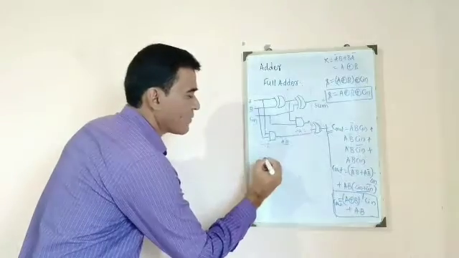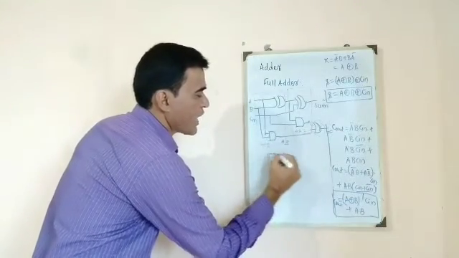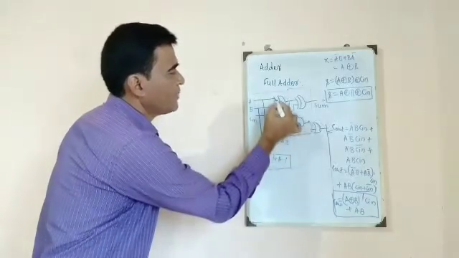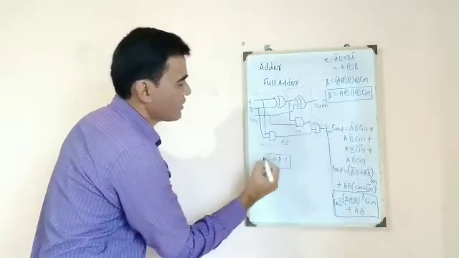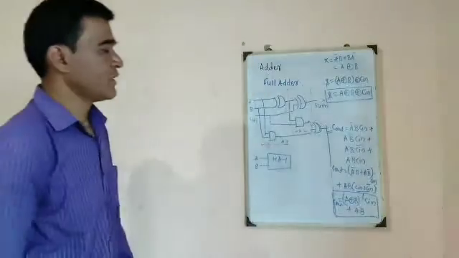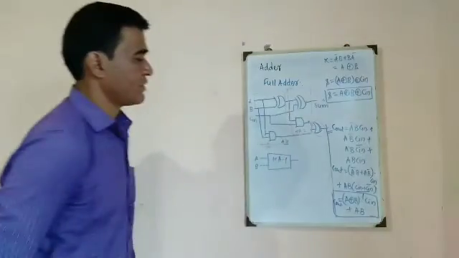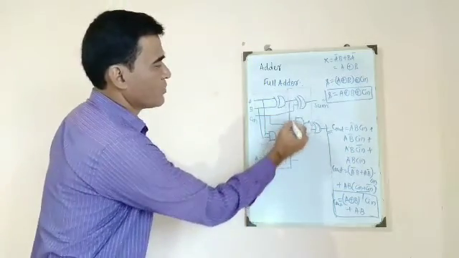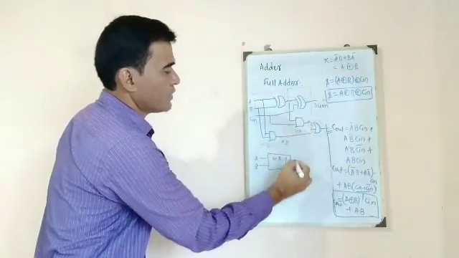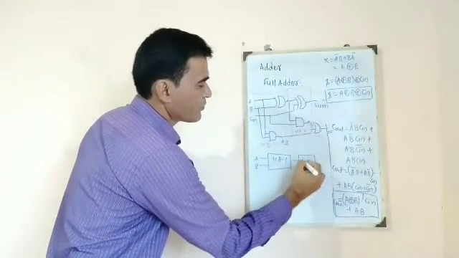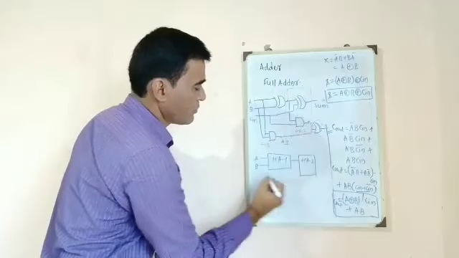How do I implement it? Block diagram approach. So we have half adder 1, where the inputs are A and B. These are the two outputs here. Now this output is given as the input for half adder 2. This is half adder 2.